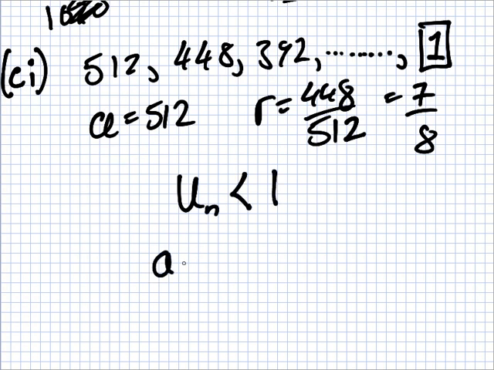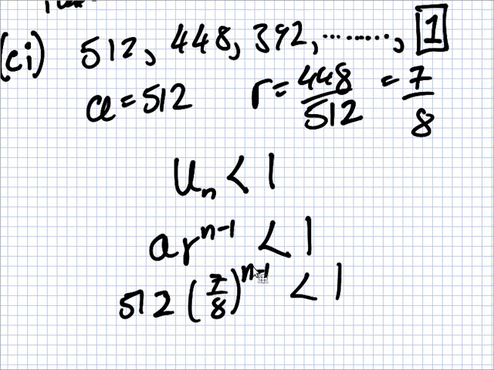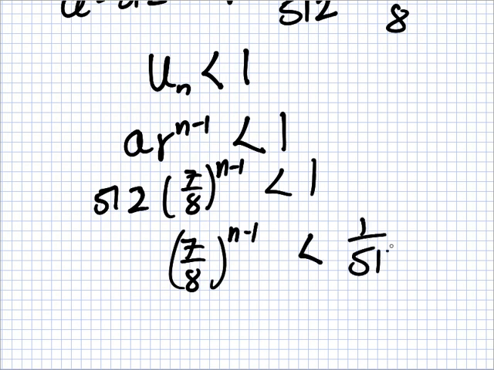So that means when will A R to the n minus 1 be smaller than 1? So that means when will 512 by 7/8 to the power n minus 1 be smaller than 1? So that means when will 7/8 to the power n minus 1 be smaller than 1 over 512?